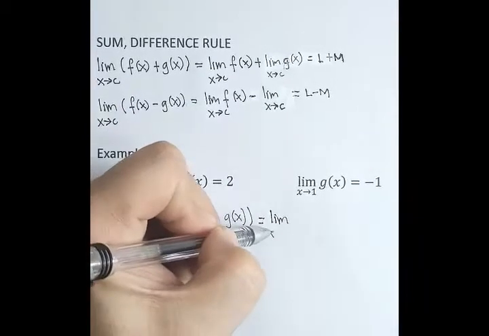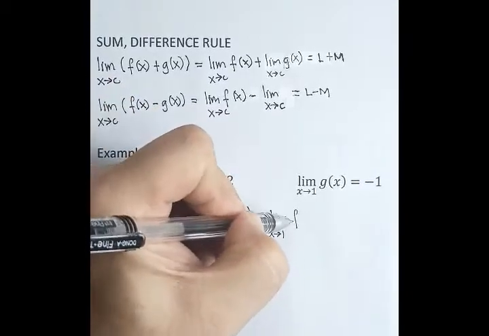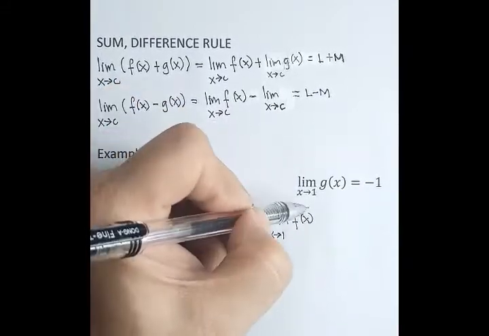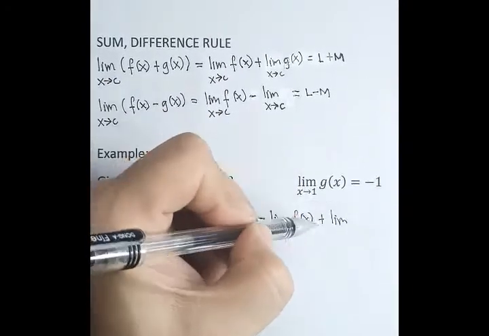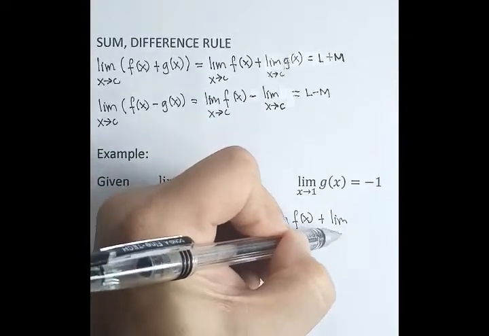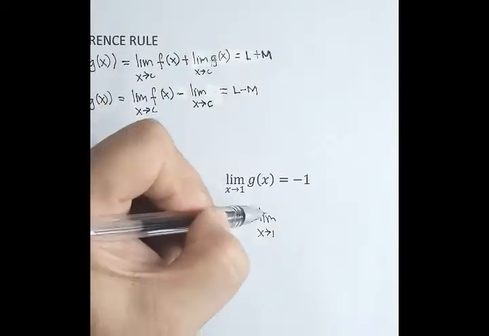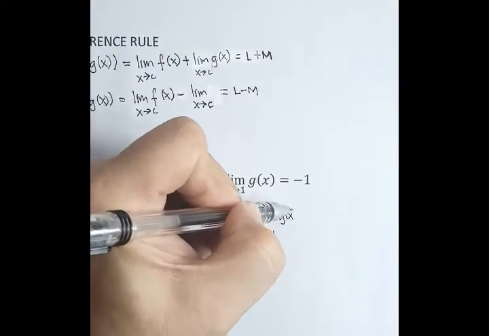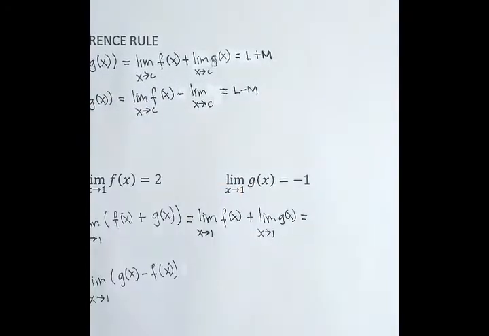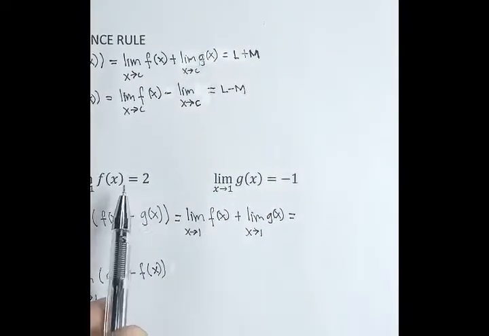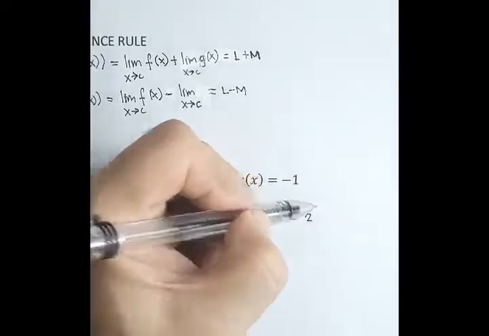So we have the limit as x approaches 1 of the function of x plus the limit as x approaches 1 of the g function of x equals, so this is given as 2 and this one is given as negative 1.